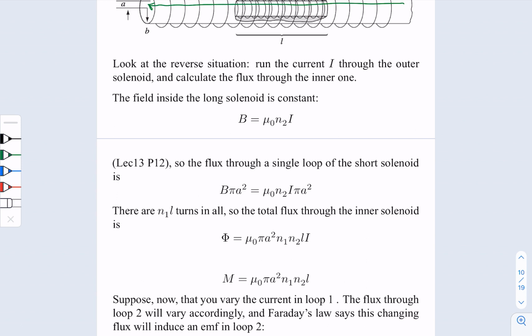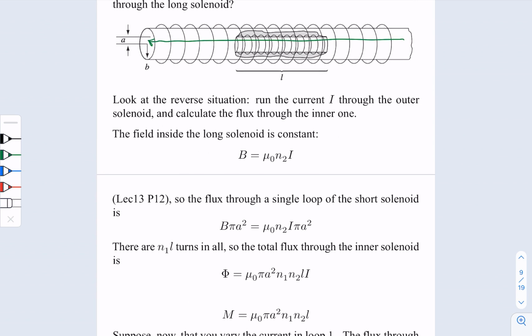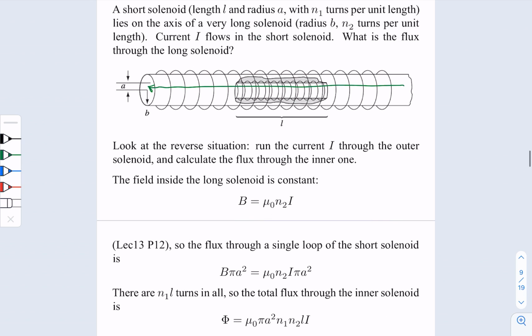Now, using this mutual inductance, if we multiply by the current in this small solenoid, that will give us the flux through the long solenoid. So we can even calculate the flux through the long solenoid without knowing the exact magnetic field produced by this small solenoid. So it's sort of a trick to help you calculate the flux or the mutual inductance.